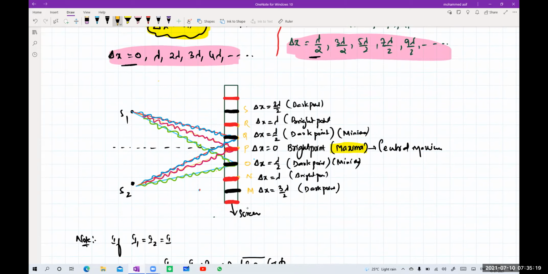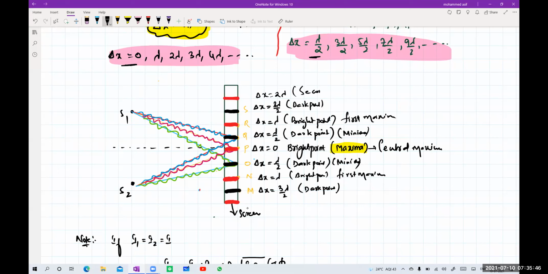And the first bright is being found at this one. So this is known as your first bright, your first maxima. And this one is also your first maxima, downward. And this one is your second maxima. Delta x is equal to 2 lambda, what are we getting, beta?